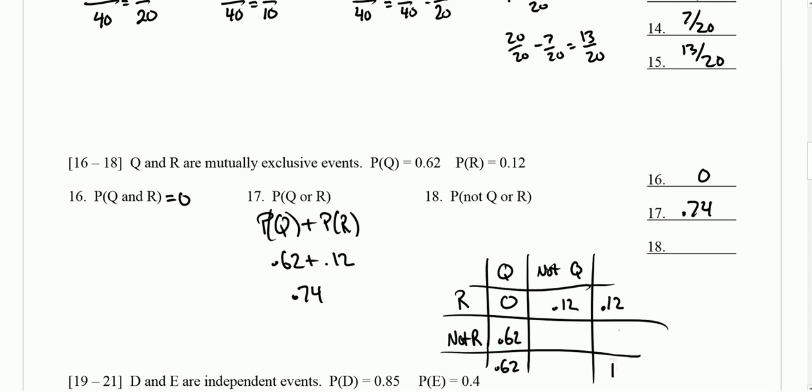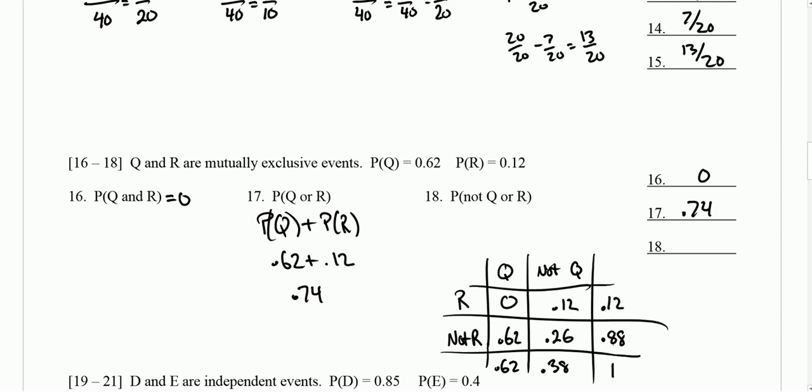The total here is going to be 1, so 0.62 plus, complements add up to 1, 0.38. Adds up to our 1, and so that tells us this has got to be 0.26, and this one's 0.88.